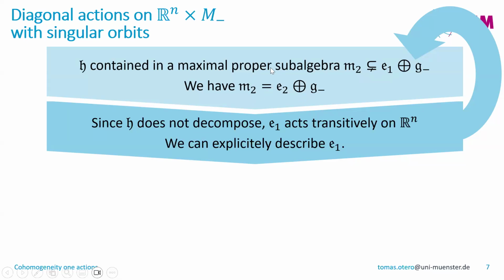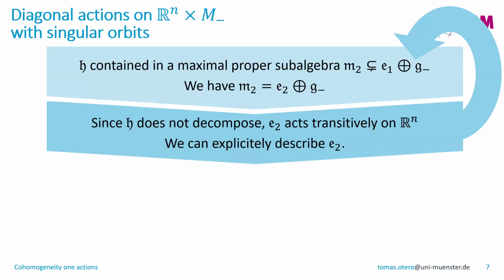And so any maximal subalgebra inside here is of the form E2 plus G minus, where again, since our action is transitive on the Euclidean factor, the corresponding subgroup has to be transitive on Rn, and so you can do this over and over and over.